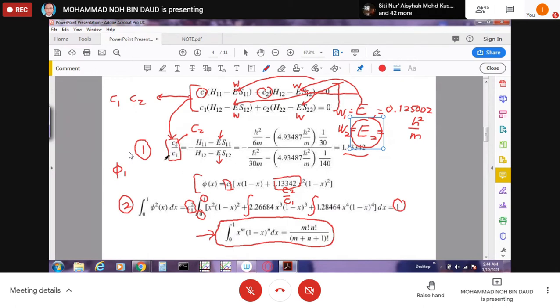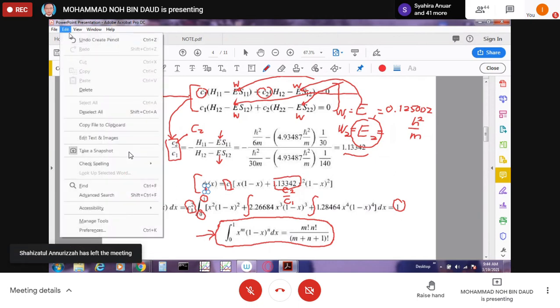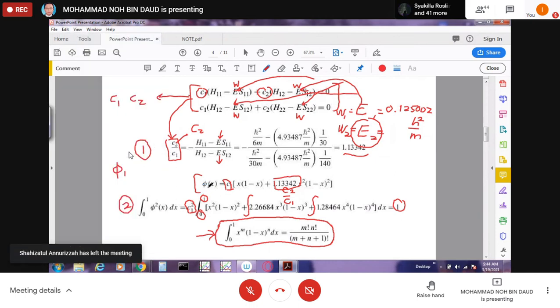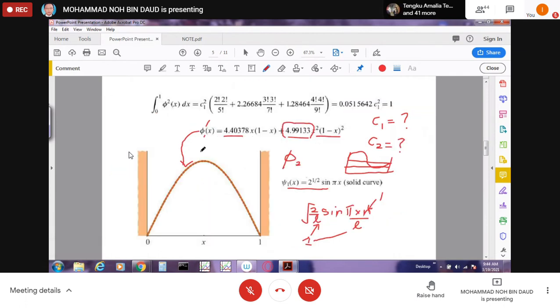And then we use the second step. We normalize this phi 2, so we will get this second set of C1 and C2, let's say C bar or C prime, for phi 2.